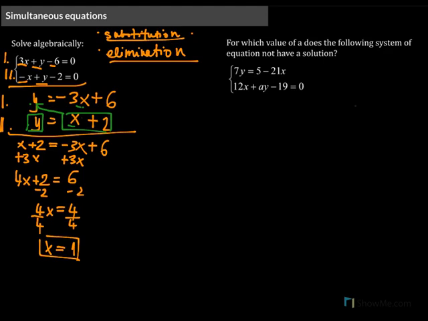We have one reason to celebrate, but we still need to substitute back in order to find y. So now that I know what x is, I will plug x into the expression for y. So y is equal to x plus 2, my x is equal to 1, so 1 plus 2, y is equal to 3.